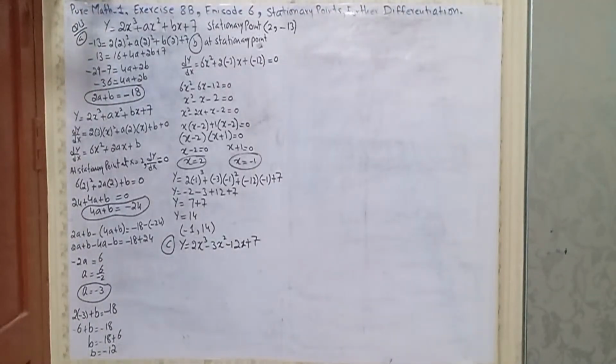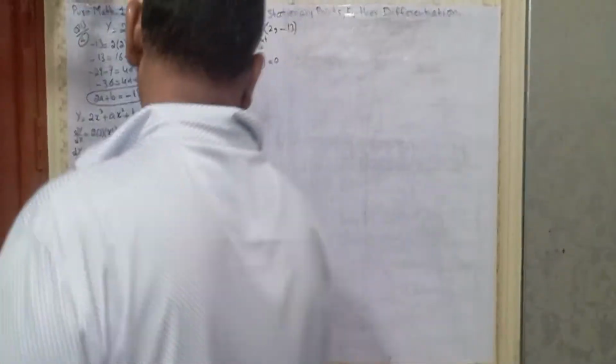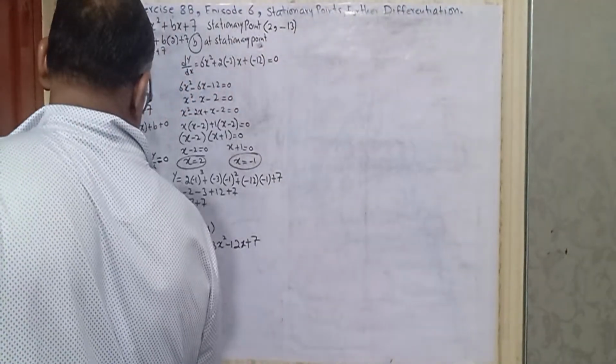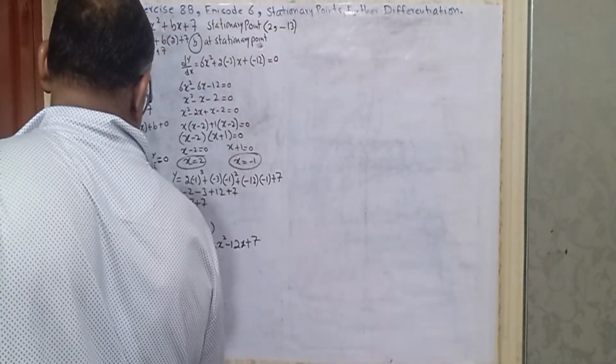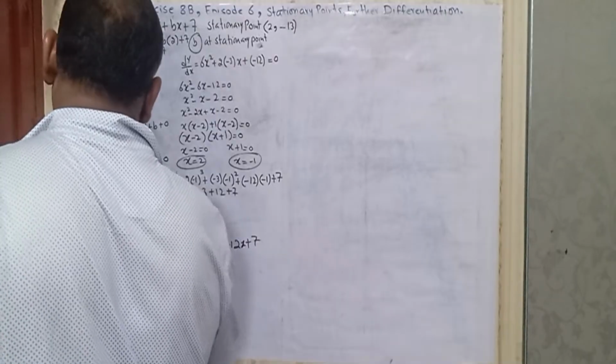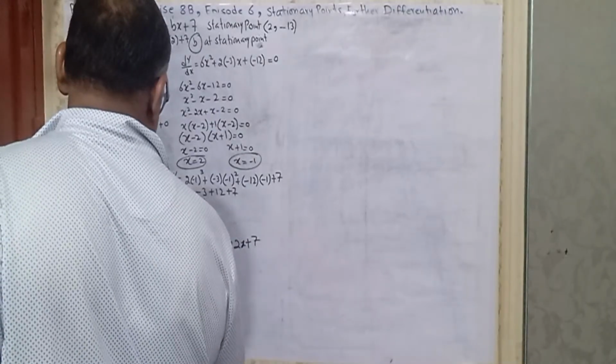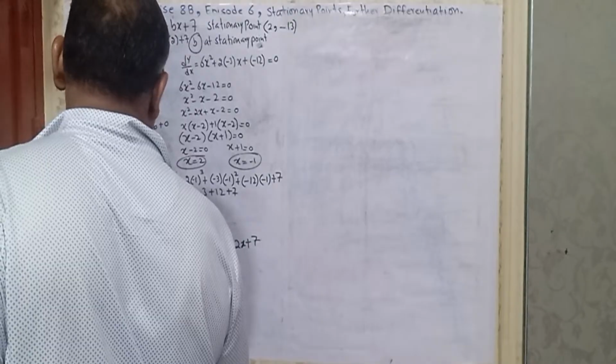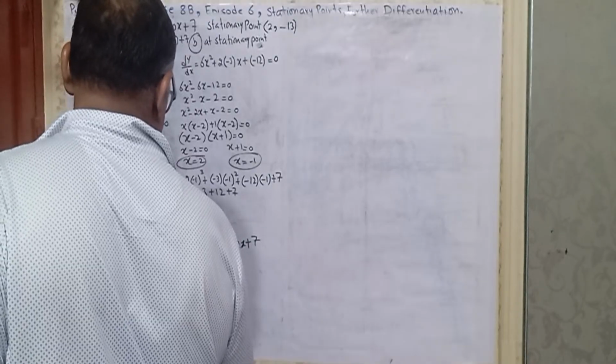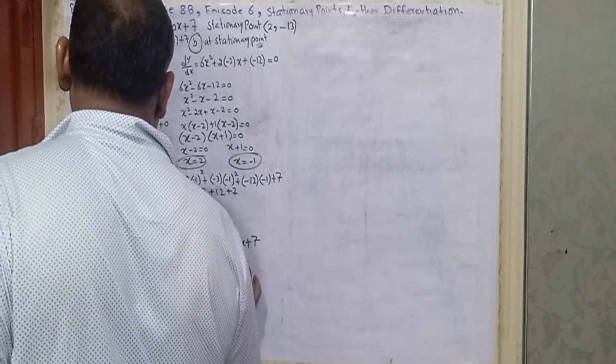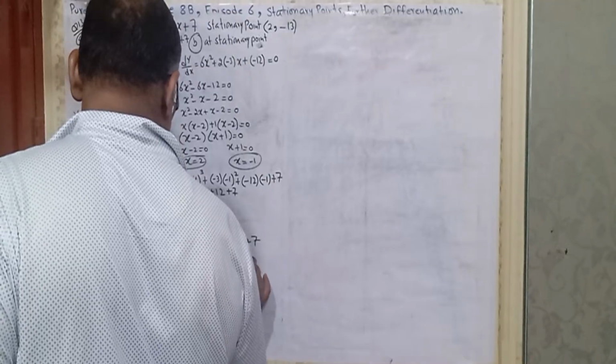Sorry, I wrote the equation. We already know its derivative, so I don't need to write this. We can write directly dy by dx, which we have already converted: 6x square minus 2 into minus 3 into x, and minus 12.